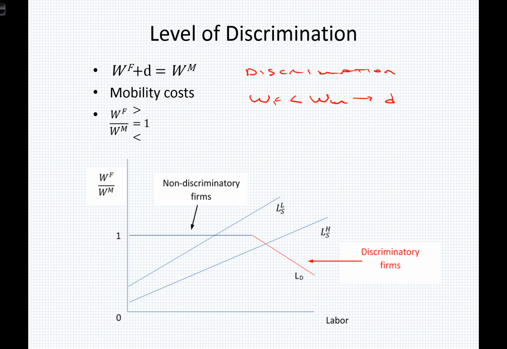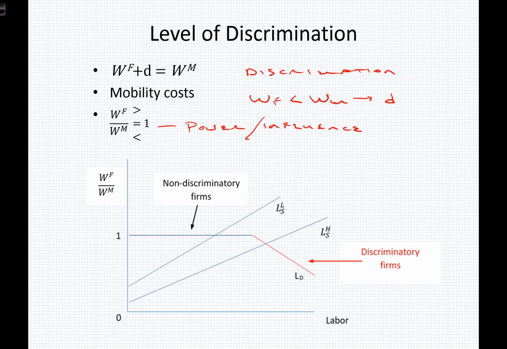We have to consider some metric that tells us about the power relationship or the level of influence in labor transactions. And so we use this ratio, and you've seen me discuss this ratio when I talked a little bit about the statistics of discrimination: the wage of the female divided by the wage of the male.